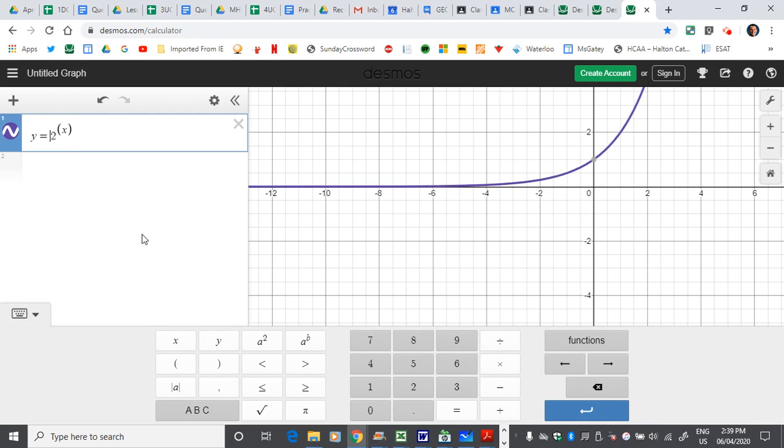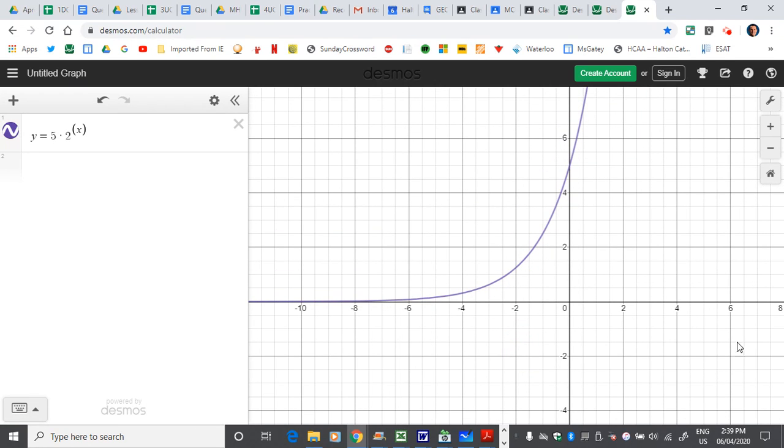I could then also work through and say, well, what if I'm going to multiply that function by a value of 5? This one's a little tougher to see at times, but if we recognize that our y-intercept is no longer the hard turn, we might be able to see that that graph has been vertically stretched by a factor of 5.